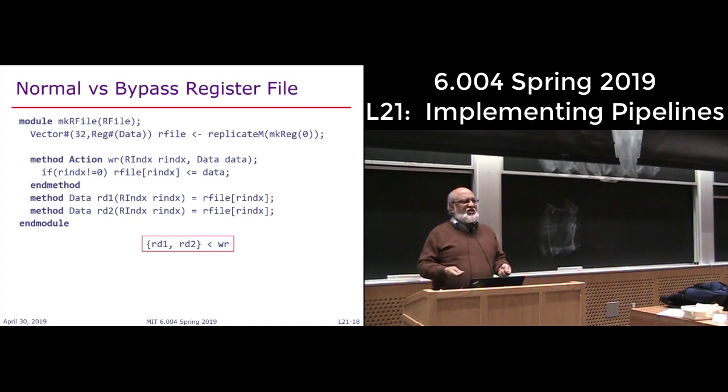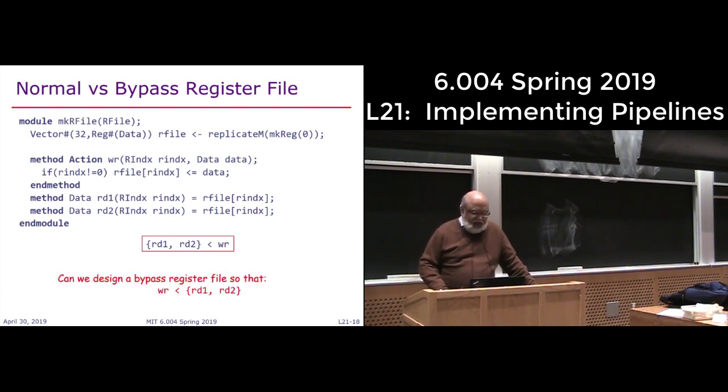Whatever you write in the register file will be visible only in the next clock cycle. So the question is, can you design a register file so that you see the writes immediately? You bypass the writes. Anything coming in, you pass me that and write it also in the register file for future. So that's how a bypass register file works.